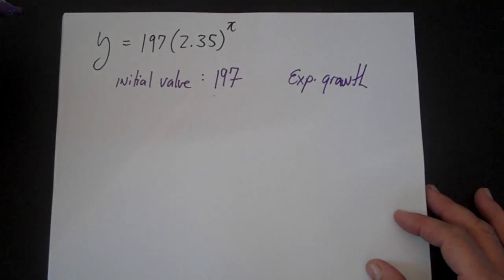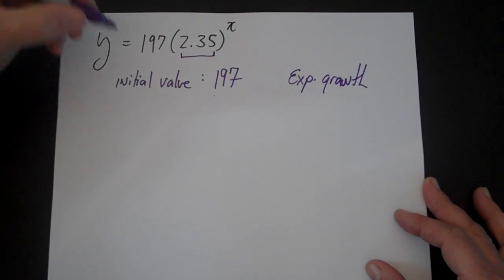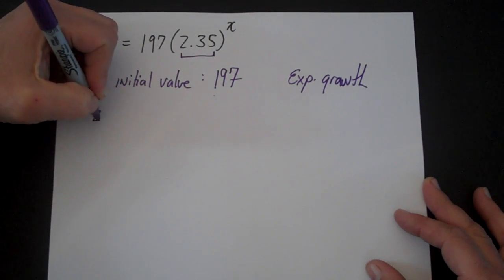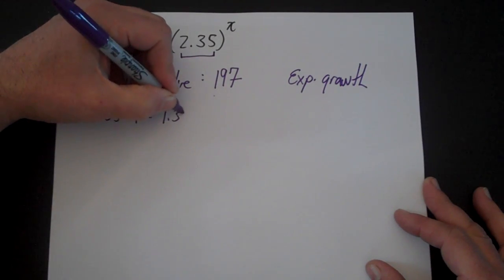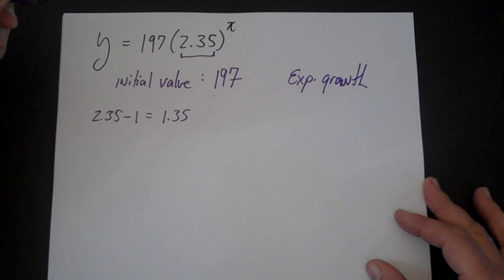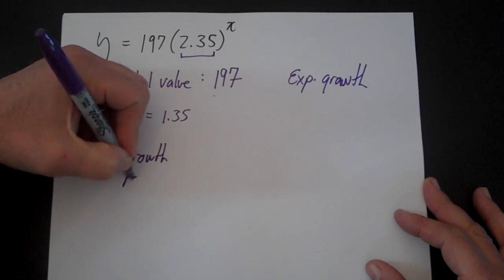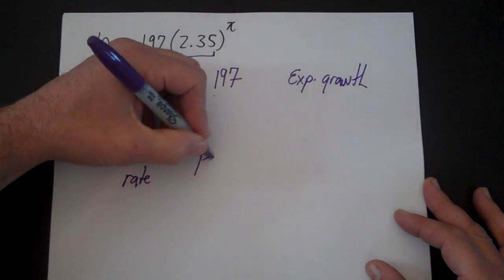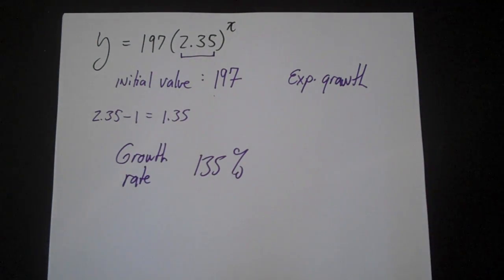Now let's look at the growth rate. It's the difference in this number from 1. So 2.35 minus 1 is equal to 1.35. So it's a growth rate of 1.35, which means, let's put that in percentage terms, that's a growth rate of 135%. And that's exponential growth and decay problems.